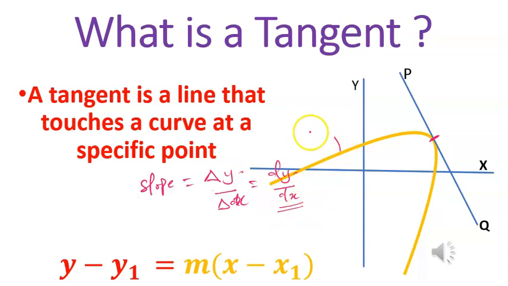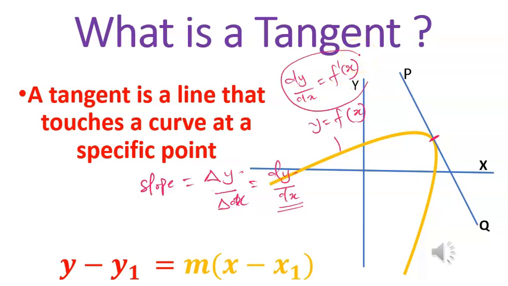If this line is defined as y equals f of x, the derivative of y will be dy/dx, which is equal to f prime of x. Now, we can find the gradient of this line at a point by finding the derivative of this line at this specific point. And with that knowledge, we'll be able to define the equation of its tangent.